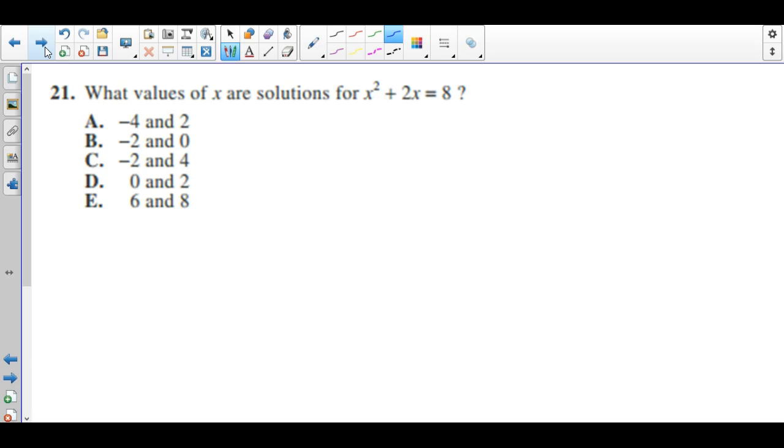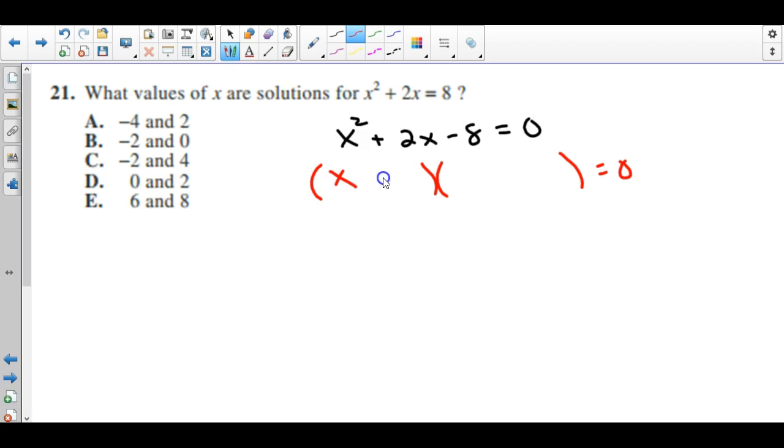Alright, what values of x are solutions for this? So this is a quadratic. It's going to be solvable by factoring. So what I'm going to do is subtract 8 from both sides so I can set this equation equal to 0. And I'm going to look for the 2 factors of -8 that add up to 2.